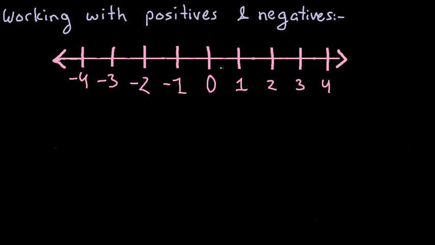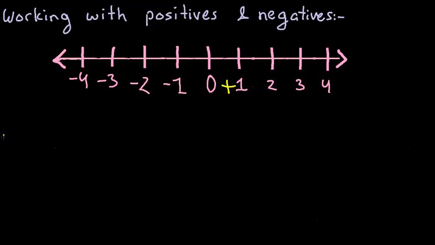Now, each type of number has a sign. For positive numbers, the sign is a plus sign. But the really cool thing with positive numbers is that even if you don't put the plus sign, like if we just leave this 2 without putting the plus, that would still mean it's a positive number.